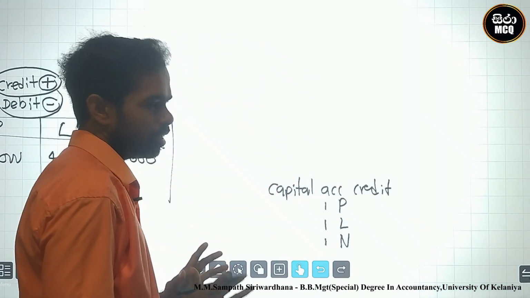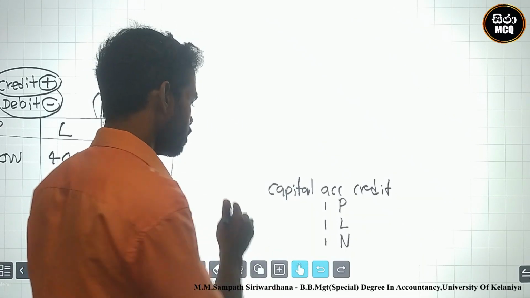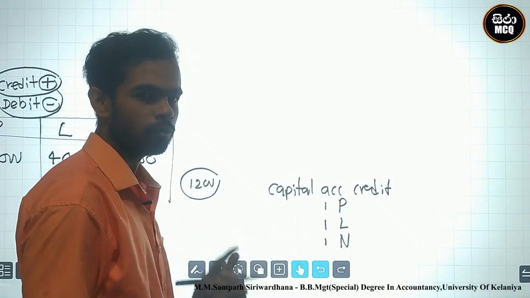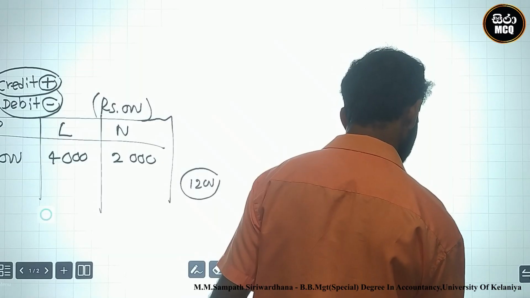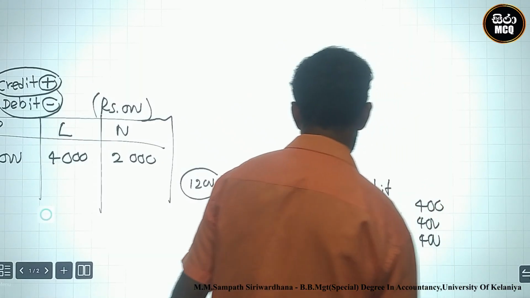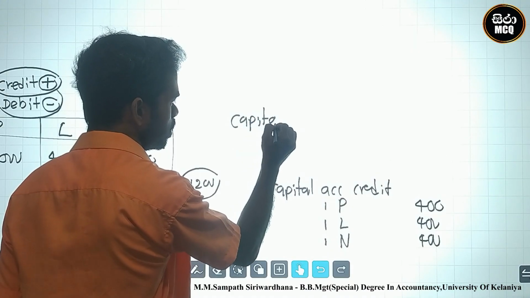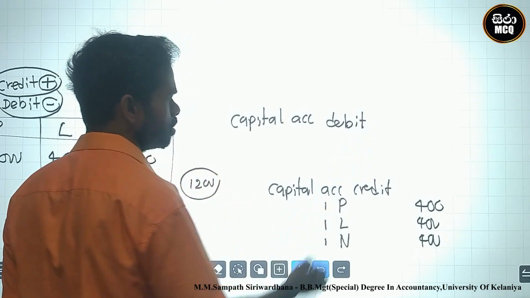Okay, this is the total goodwill, 1.2 million, that is 1200 divided by 3, 400. Therefore credit 400 to capital account, and debit again capital accounts. Debit which partners?